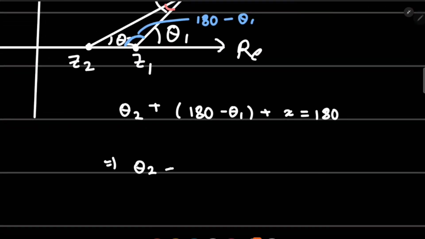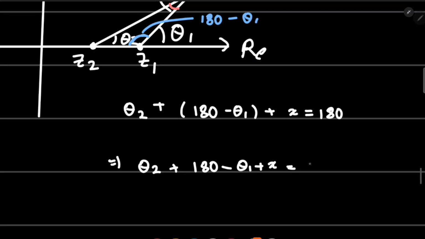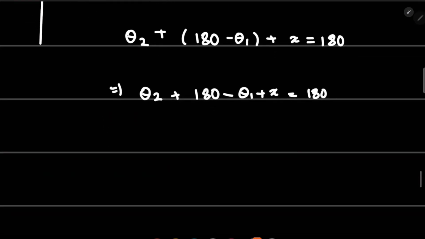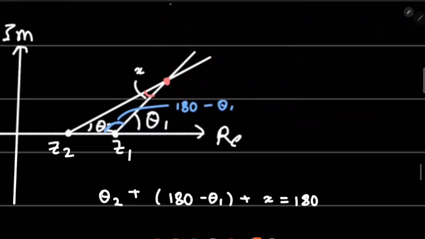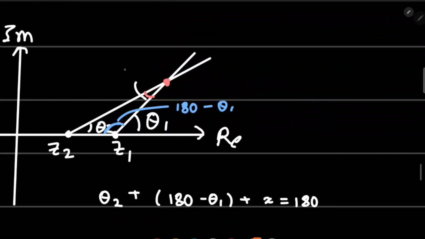So I have theta 2 plus 180 minus theta 1 plus x equals 180. If I keep x on the left and move everything else to the right, I get 180 minus 180 plus theta 1 minus theta 2. So x ends up becoming theta 1 minus theta 2. This angle is theta 1 minus theta 2.